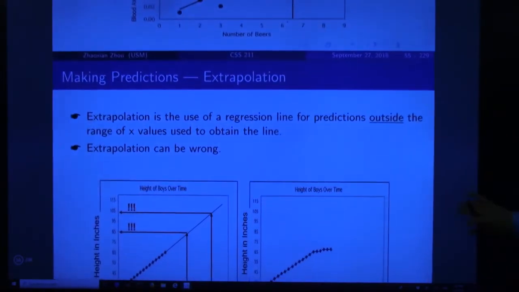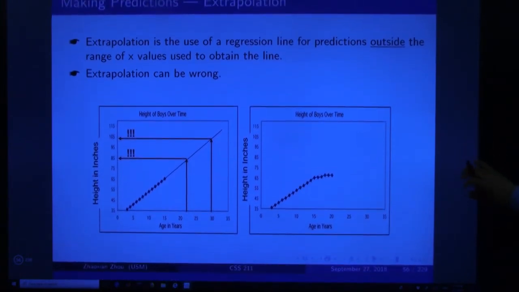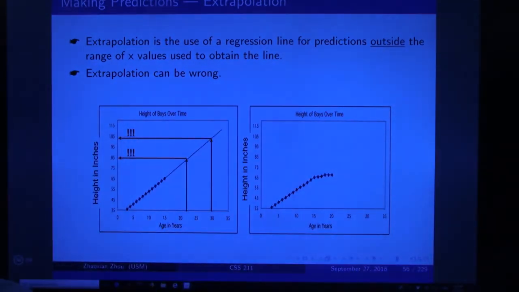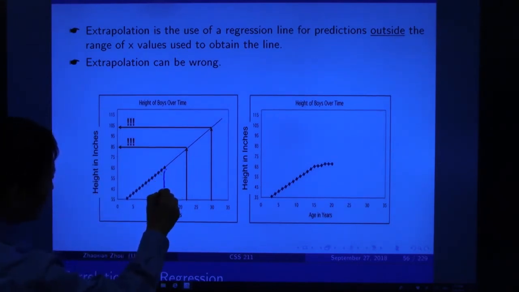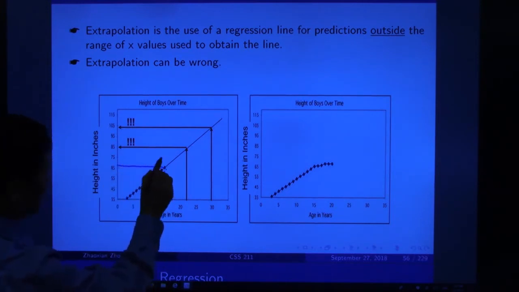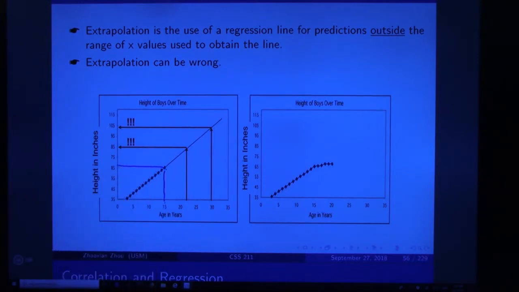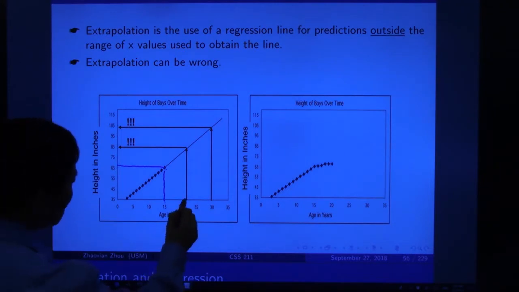Let's consider another example: you want to predict how tall you will be after some years. For example, we have an experiment here. For a kid, at 3 years old, the height is 35. At 4 it is like 36 or 37. At 5 years old it is like 42, and we have some results here, until 15 years old, when the height is 65 something. Now we want to predict, how about when you are 22?